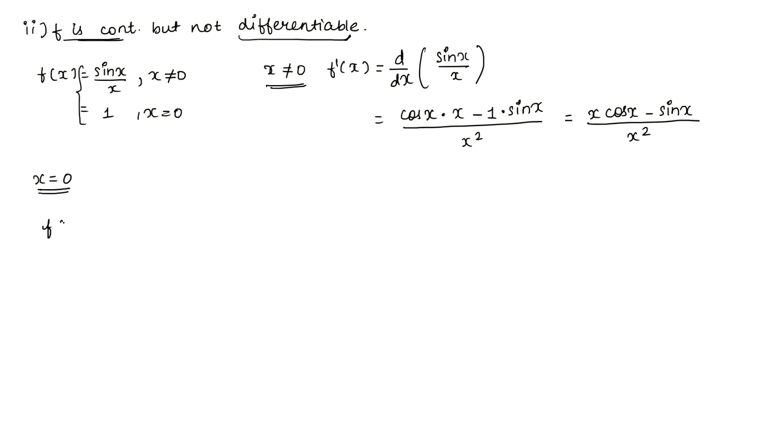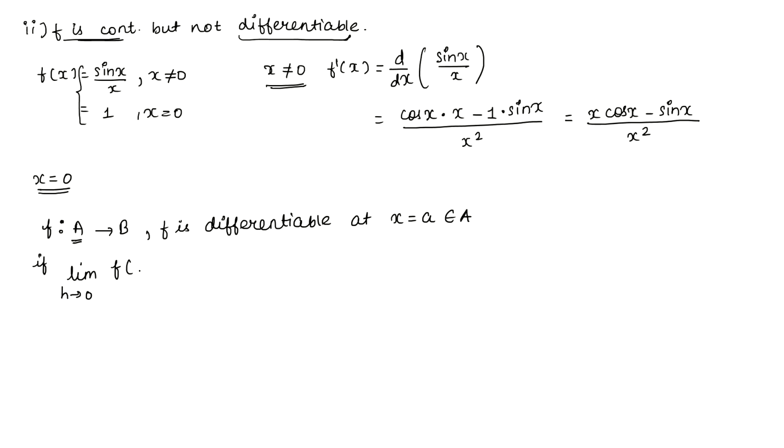So for that, if f is a function from set A to B, then we say that f is differentiable at x is equal to a, which is an element of the domain A, if limit h tends to 0, f of a plus h minus f of a by h exists.